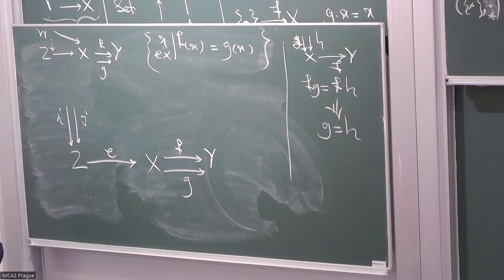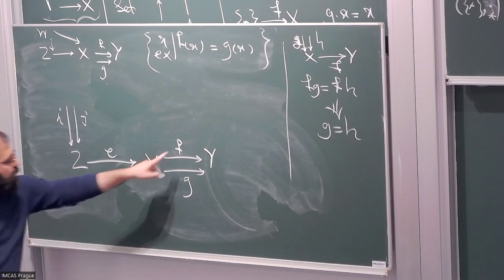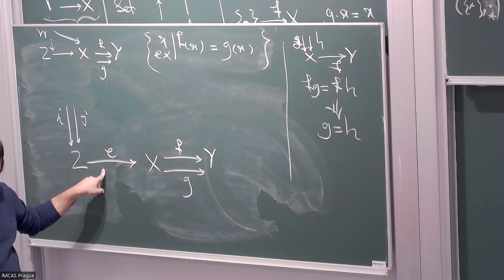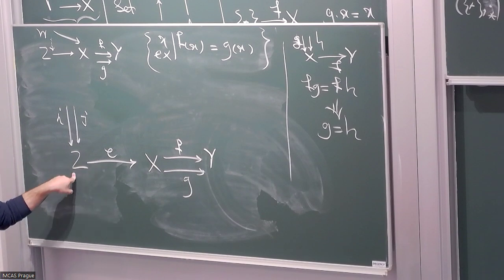How to do it? The only information that I have is that this composition equalizes F and G, that's the best. Meaning that for any other map that equalizes these, there's a unique factorization, like this.